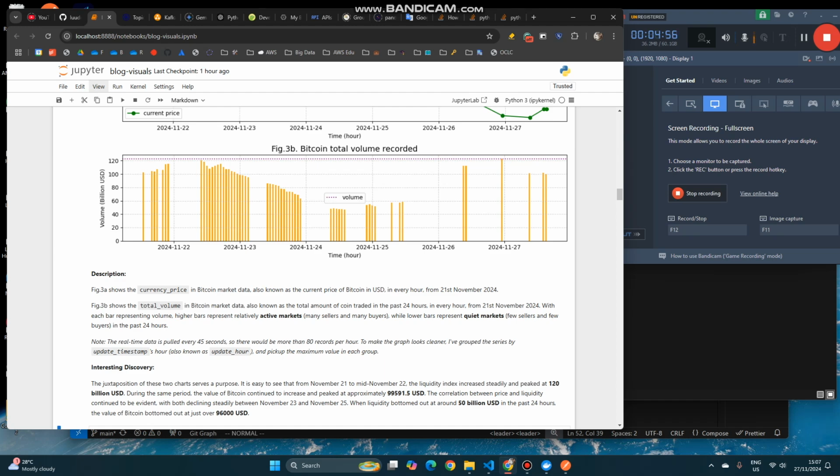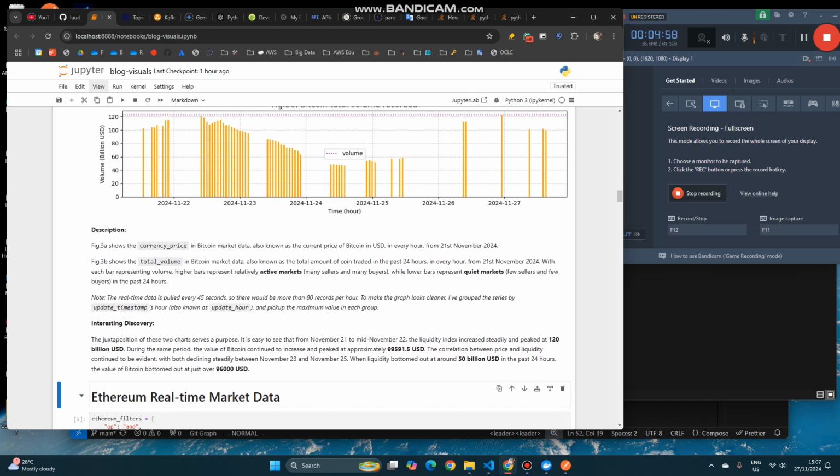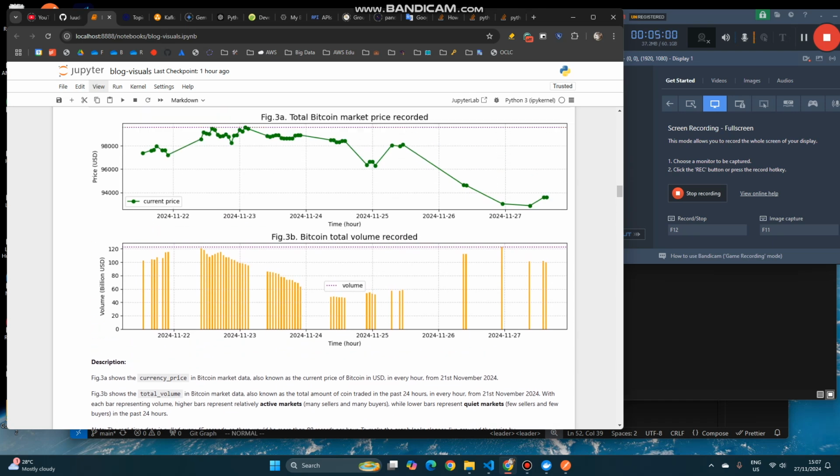Okay, what's interesting I found here is I put those two plots close together because I can see the connection between them. From the beginning of the 21st November, I can see the volume going up a little bit, and the price of the Bitcoin also going up.